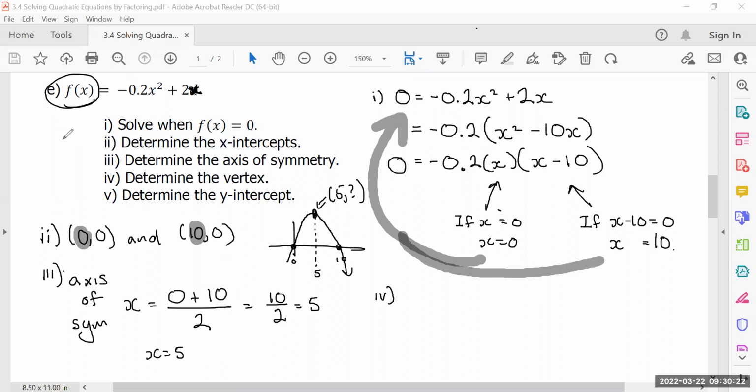Well, look, isn't that the y value? Plug in the 5. If x equals 5, what does it spit out? So let's calculate it. What is the y value when x equals 5? Negative 0.2 times 5 squared plus 2 times 5, which is, you're going to need a calculator.